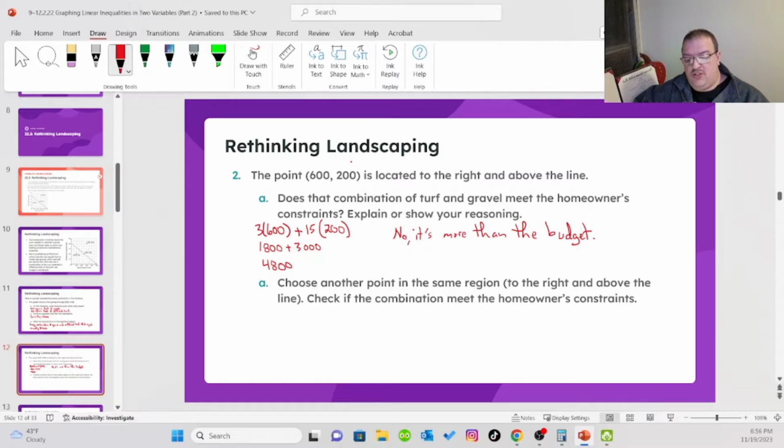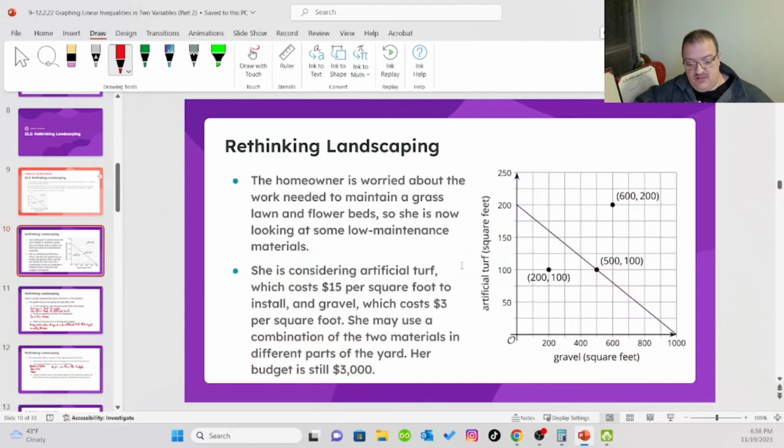So now they want us to choose another point in the same region and check to see if this combination meets the homeowner's constraints. So we can pick any point out here, such as 1,000, 100.